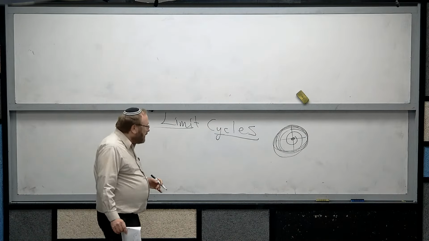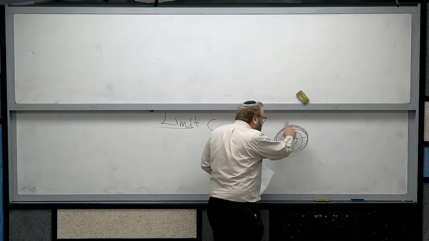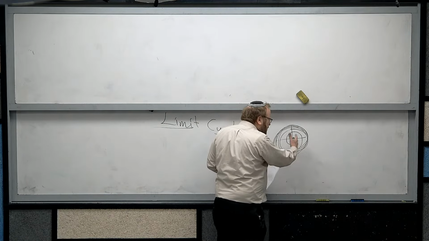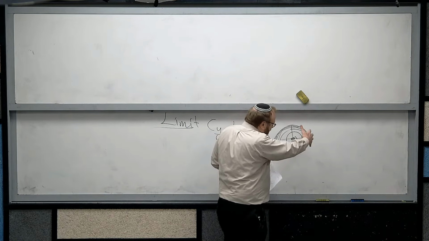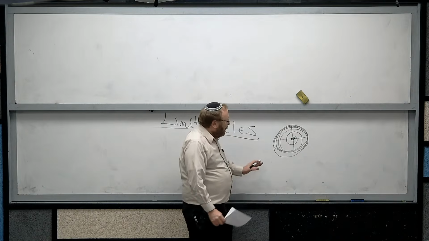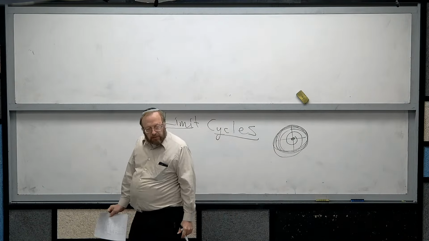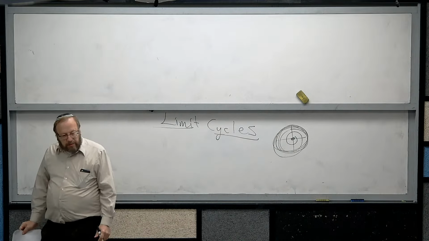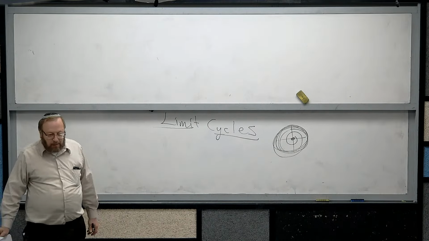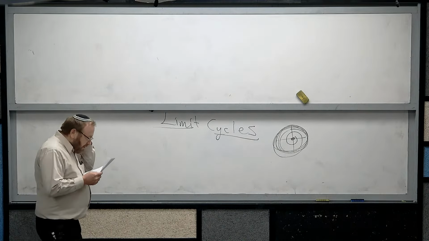So a limit cycle is an oscillation of finite width, radius, amplitude, whatever, built around an unstable spiral. It's the end result of an unstable spiral. All right.